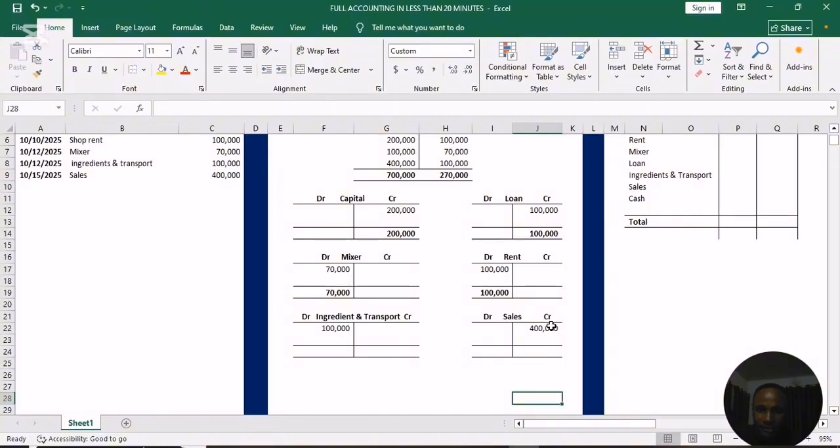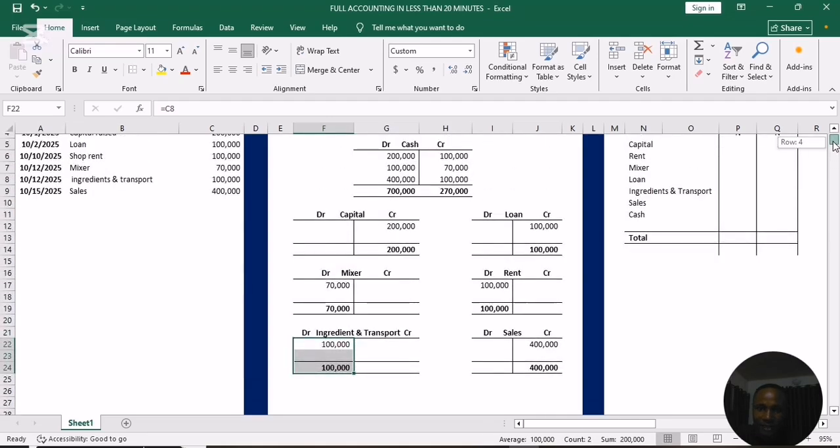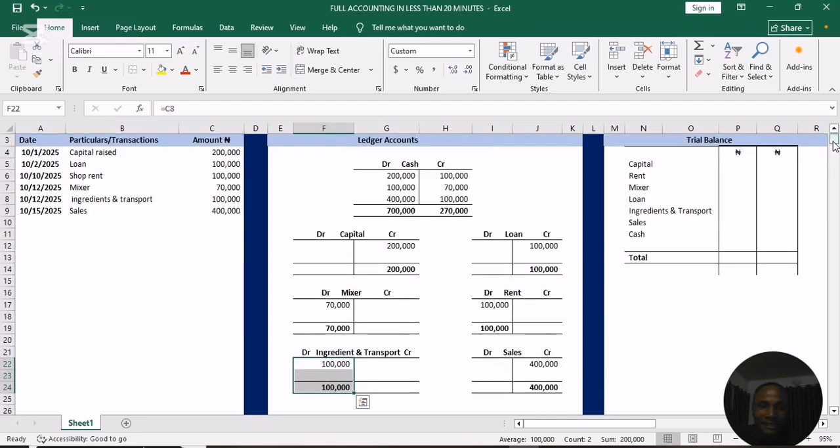The sales account has a total of 400K. Hit our summation right here. Then the ingredients, a summation as well. All right, that's all about it. We have balanced up the individual ledger accounts.